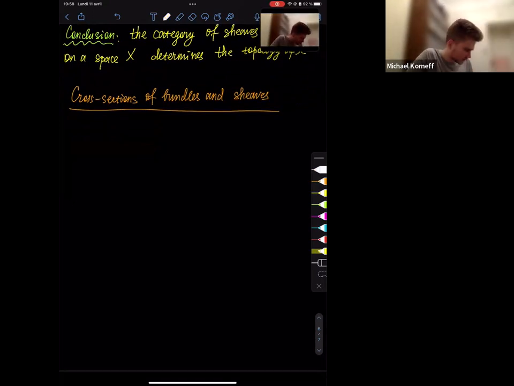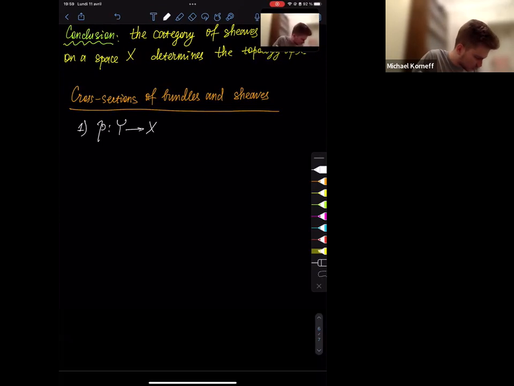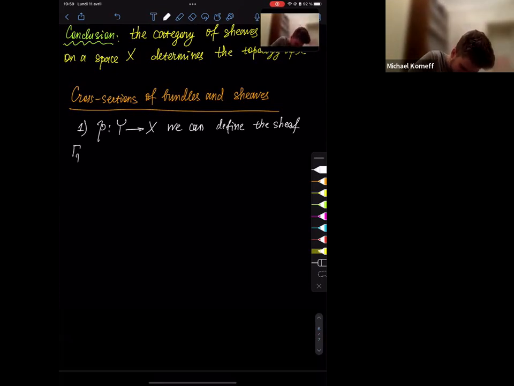First of all, I recall that for the bundle P from Y to X, which is just a continuous map, we can define the sheaf Gamma for this bundle, and it will be a functor.